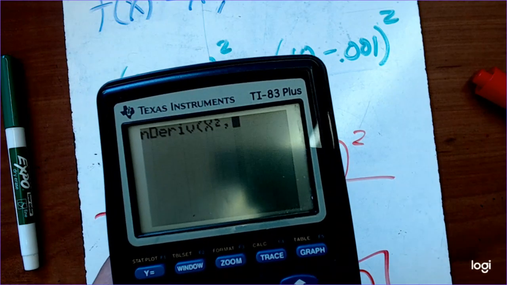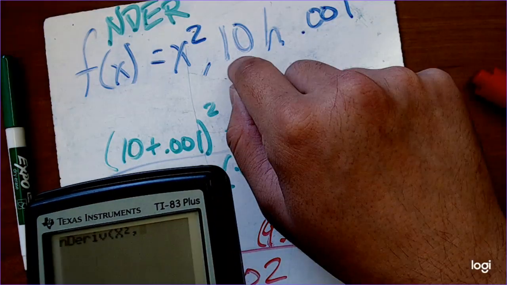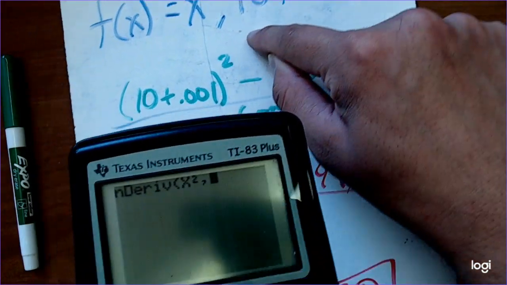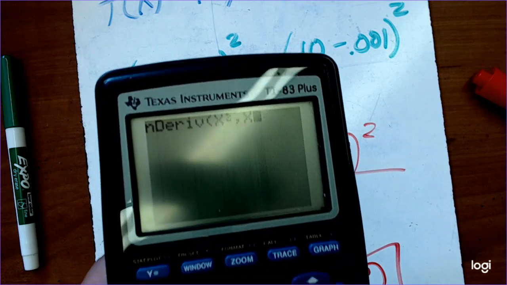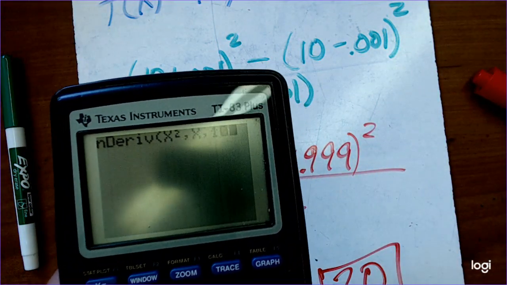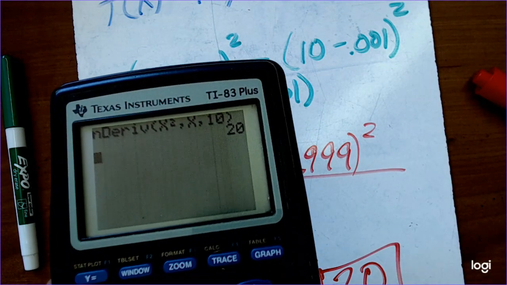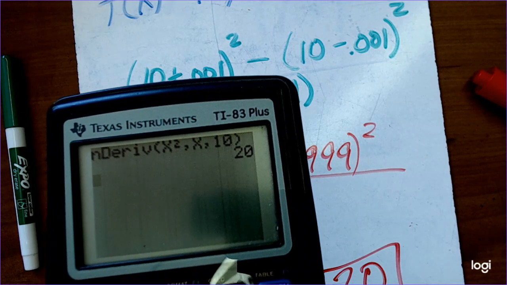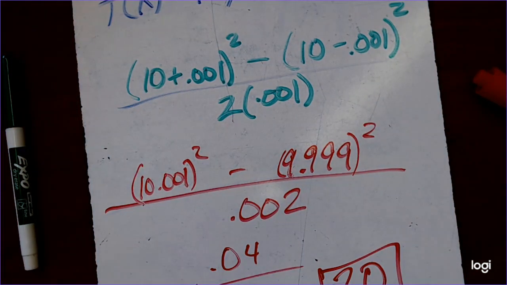Now I'm going to pick which variable this is for, which is kind of funny because you're almost always going to use x. So you'll press x again, and then another comma, and then you'll put in the value of 10. Closing parenthesis, calculate, and we got 20 as well. Okay? So that's how you calculate nDerivs on your calculator, or numerical derivatives.